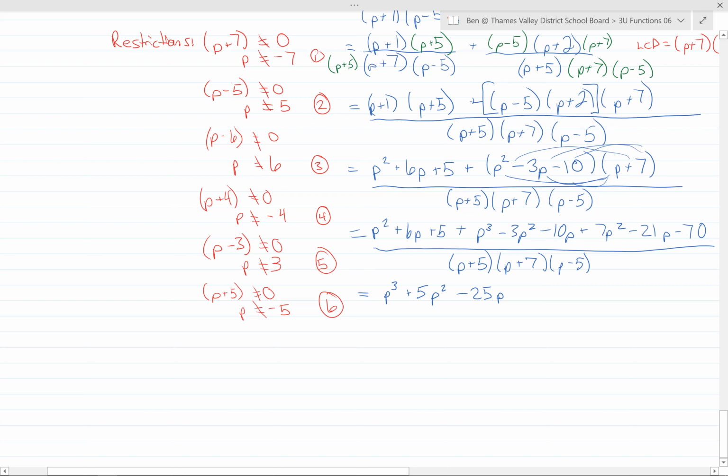And then let's see here, my final term is a negative 65, all divided by p plus 5, p plus 7, p minus 5. And at this stage, we do need to try and factor the numerator.